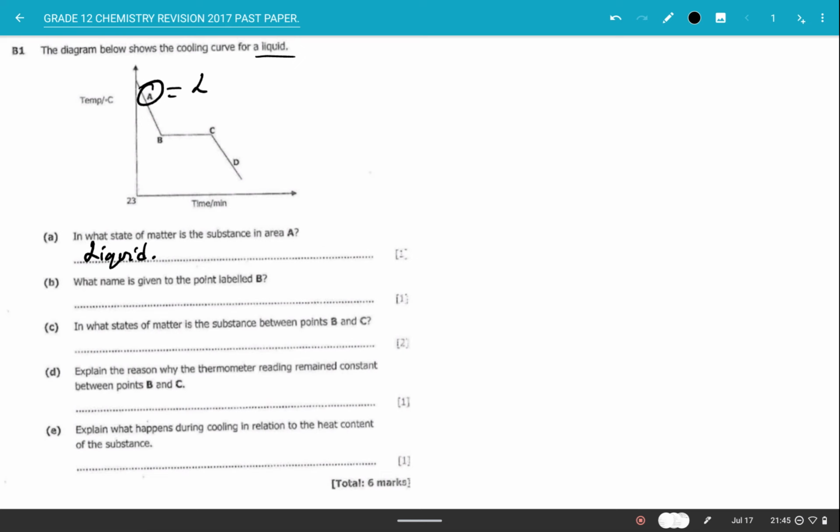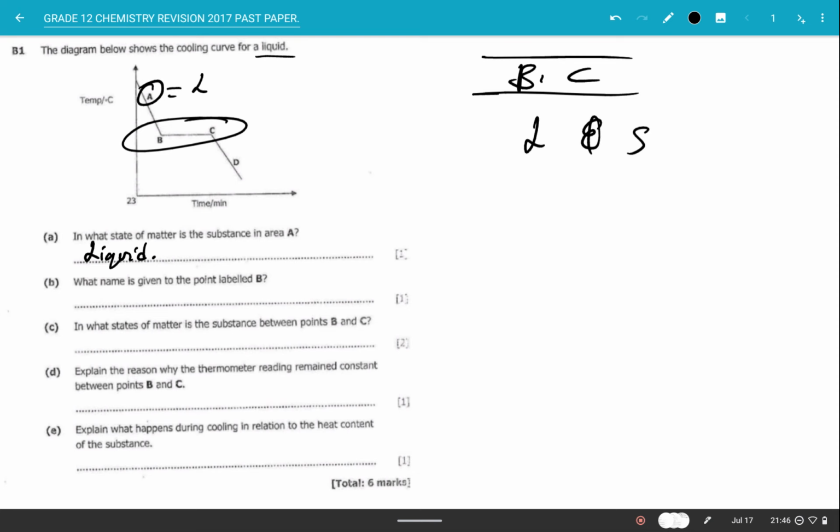Now if you look at B, the flat line there, it's simply flat because the temperature at that point remains constant in a given period of time. In this region, which is B and C, you expect to have two states of matter. So in this state, we need to understand that the substance is in liquid and solid.